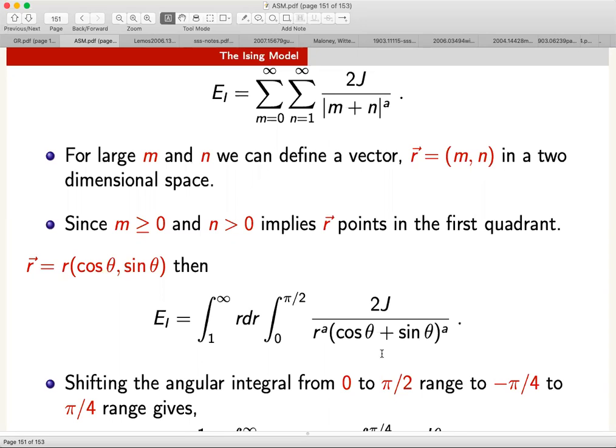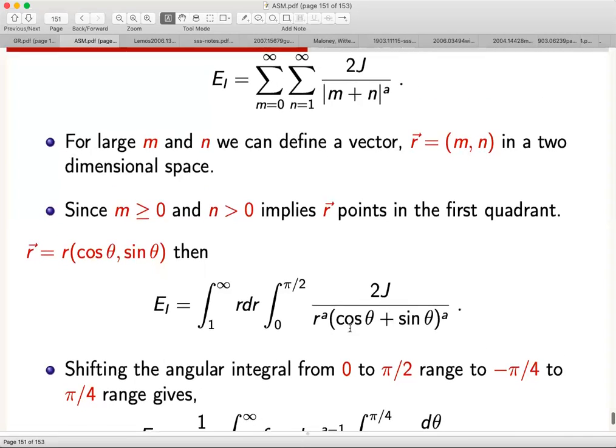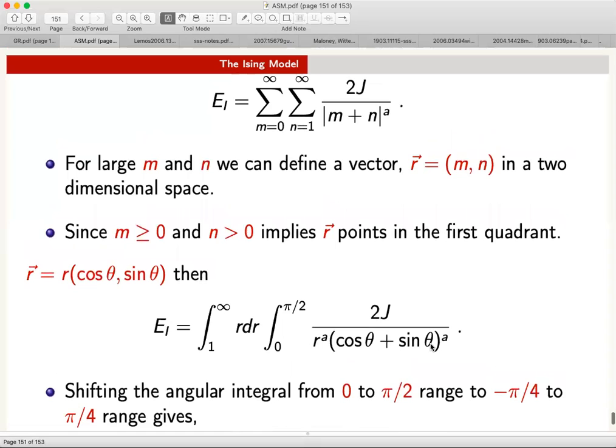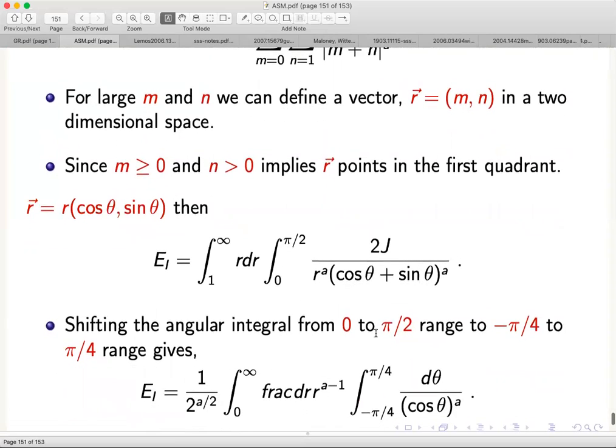Okay, fine. Now what we'll do is that you have a cos theta plus sin theta. It's a bit of a nuisance for this integral, but the easy thing to do is to shift this integral to minus pi by 4 to plus pi by 4. If you shift this range, then this quantity just becomes cos theta.